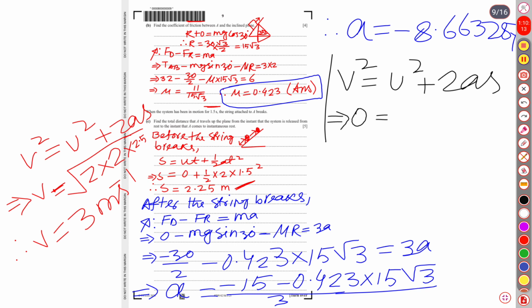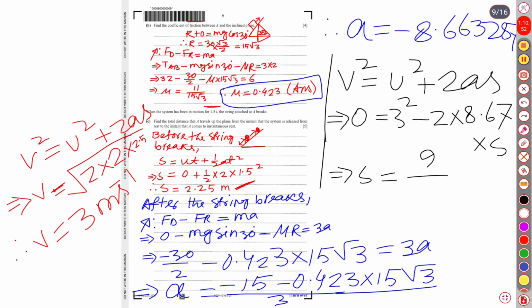So the initial velocity is 3, and we can now use 3 squared here: 3 squared plus our acceleration, which was negative, so minus 2 into the acceleration, which was 8.67, into s. So s is going to be 9 over 2 into 2 into 8.67.